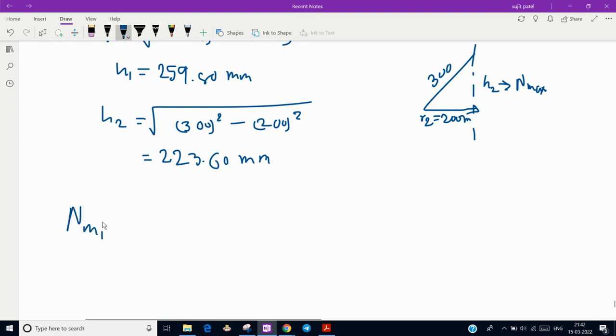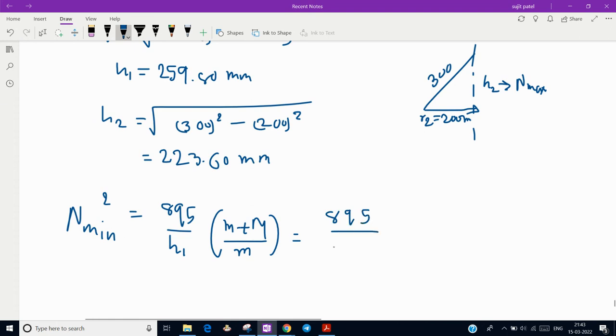So minimum speed: N squared for a Porter governor when friction is neglected is 895 divided by h1, and remember that h1 will be in meters, though we have found it in mm, so we have to put the value in meters. So that is 0.2598 m.